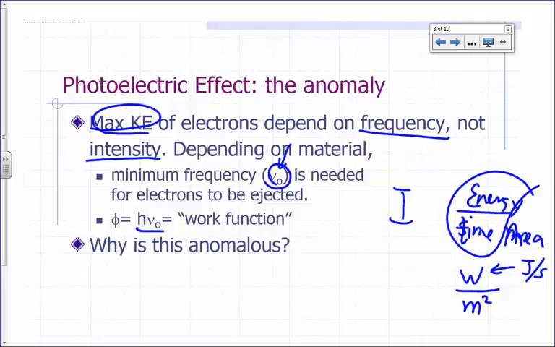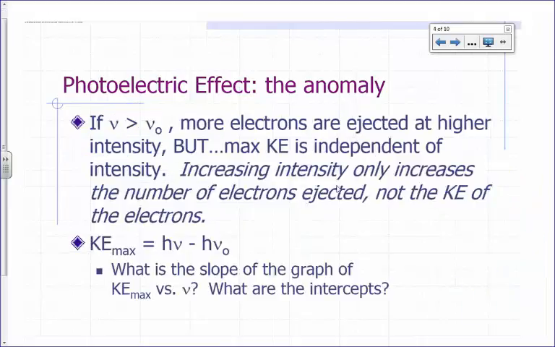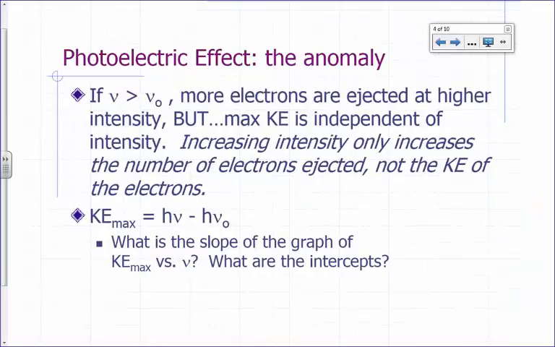In fact, the higher the frequency, the higher the kinetic energy of the electrons. Okay? So if the frequency is higher than the threshold frequency, you just simply get more electrons ejected at higher intensity. But the kinetic energy is not dependent on intensity.